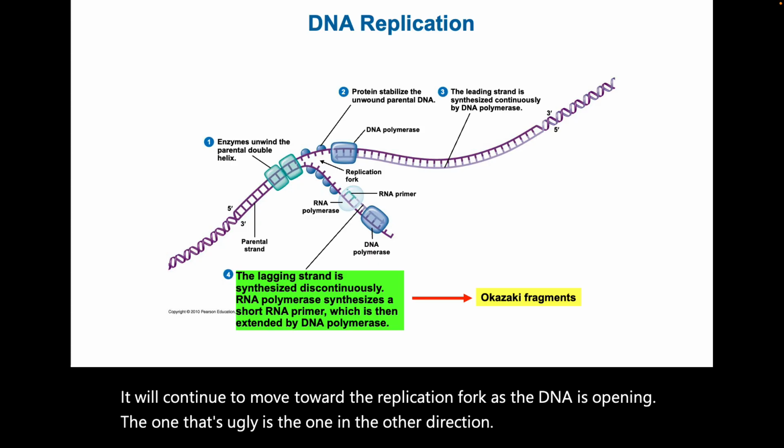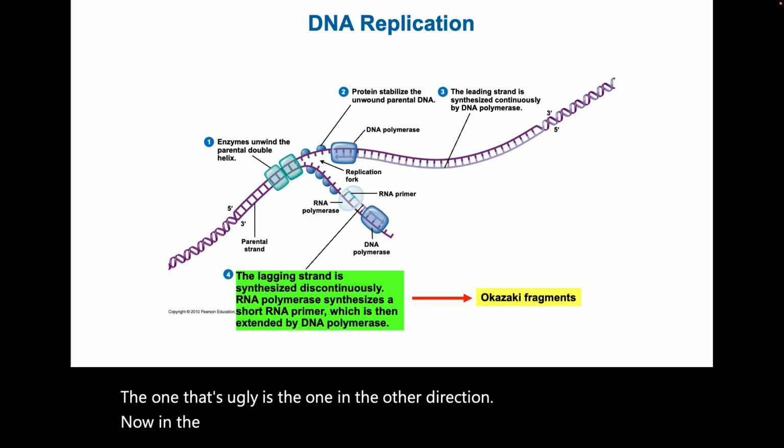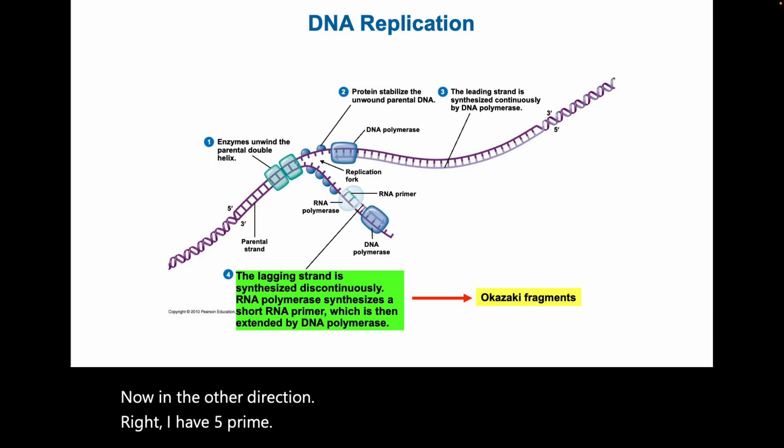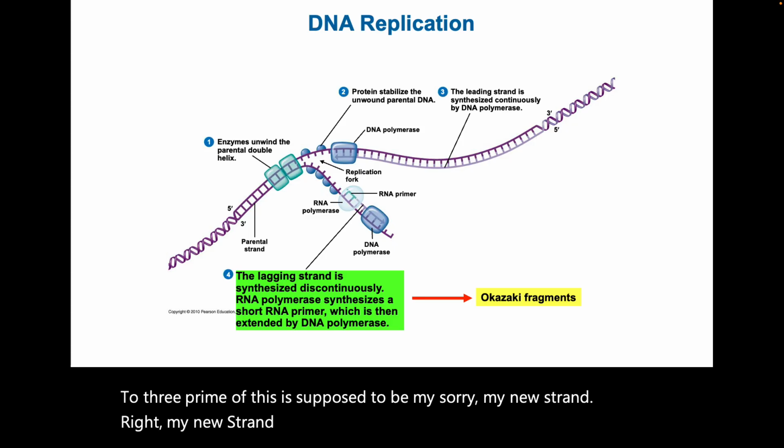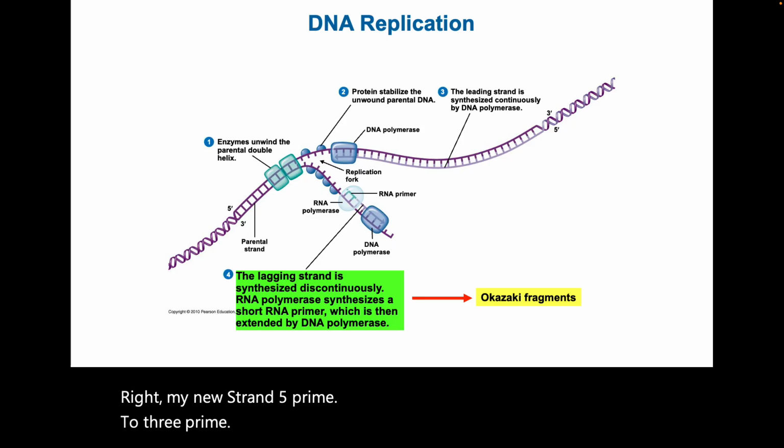Now, in the other direction, right, I have 5' to 3'. This is supposed to be my new strand. Right, my new strand, 5' to 3'. Okay, and so, all right, this part's open.